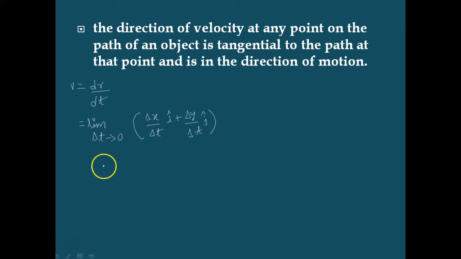If we take the limit outside, we are left with the limit as delta t tends to 0 of delta x by delta t into i cap, plus j cap times the limit of delta y by delta t.